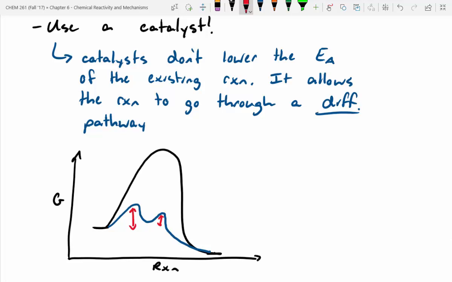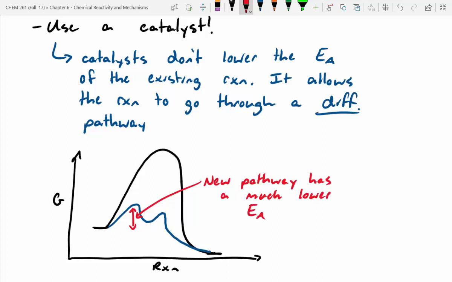Which one do you think is the true activation energy? You could say both of them are, but what's the realistic one? What's the one slowing us down the most? The bigger hump, right? We do have two humps to overcome, but this is now our new activation energy. So we'll say the new pathway has a much lower activation energy.